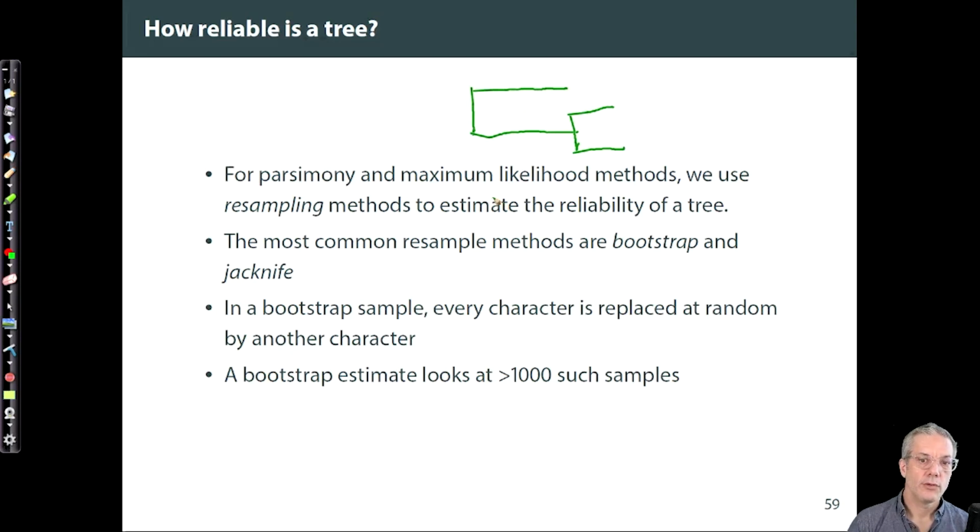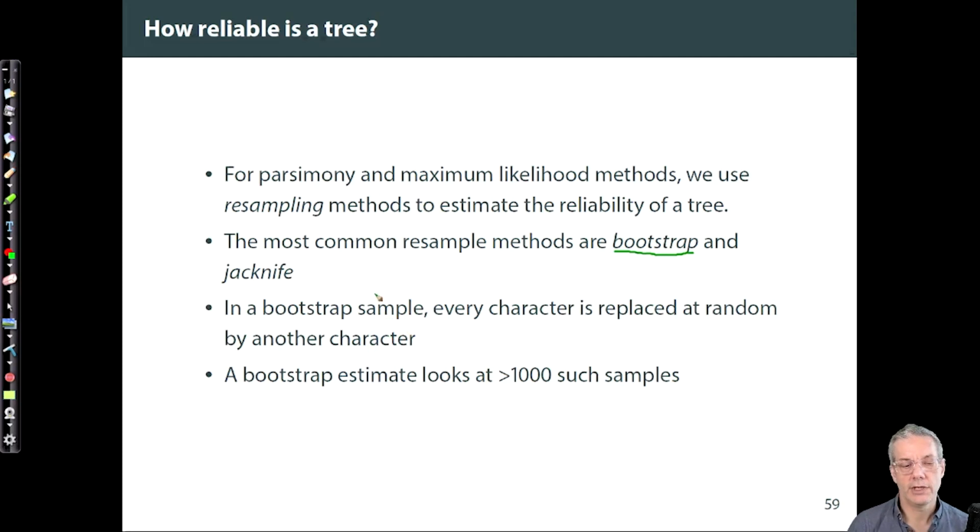The reliability is, how often do we get the same tree? Is there something about our data that's particularly pushing us to this tree? If we had slightly different data, we might have a different tree. The methods used for this are resampling methods. The two most common are the bootstrap and the jackknife, and the bootstrap is the key one that we're going to discuss.